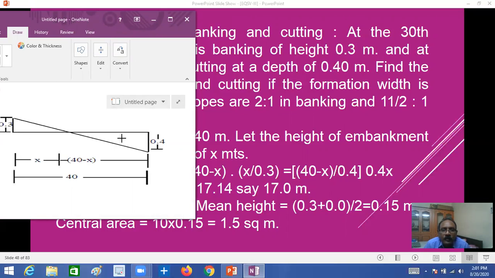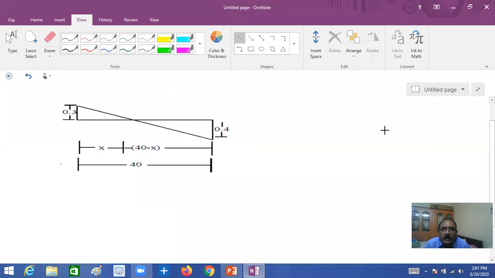This is simple trigonometry, by similar triangles, and you will get this.